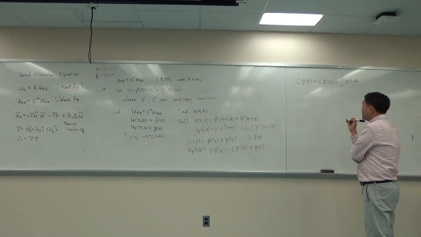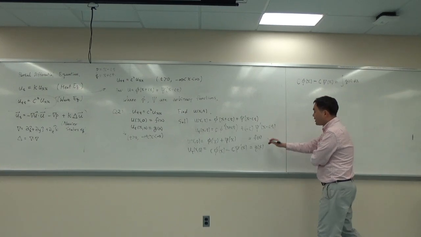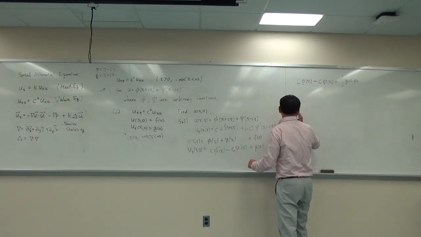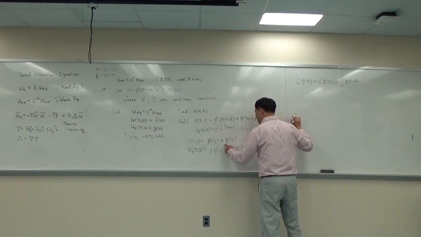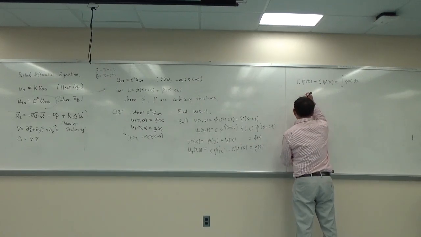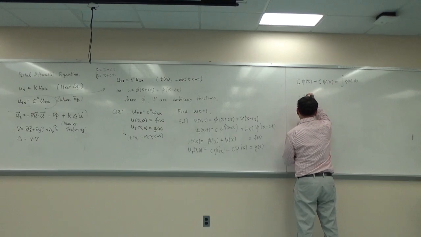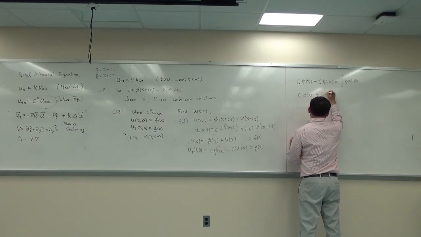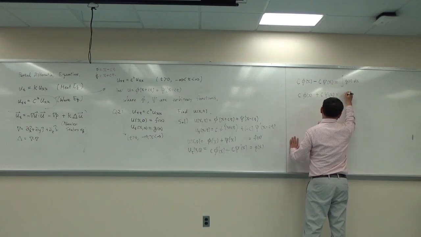And then we take this f, but I want to cancel something, so I'm going to multiply c to this one. So c times phi of x plus c times psi of x equals c times f of x.